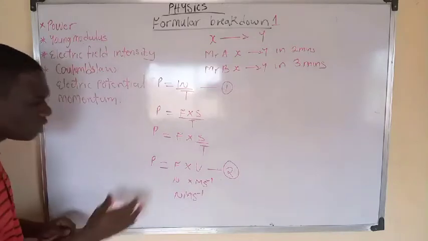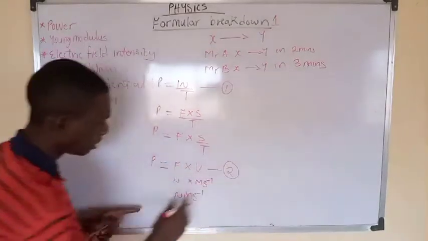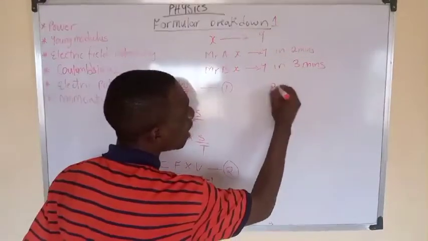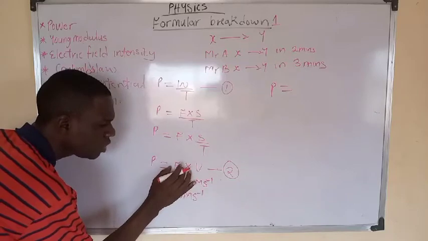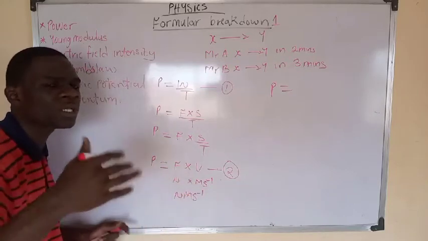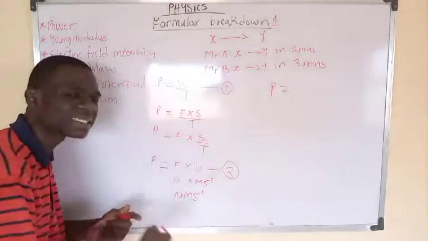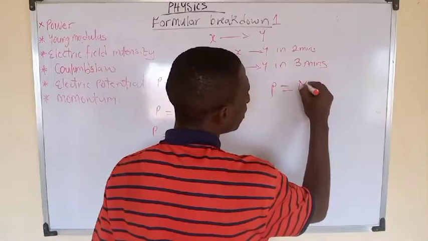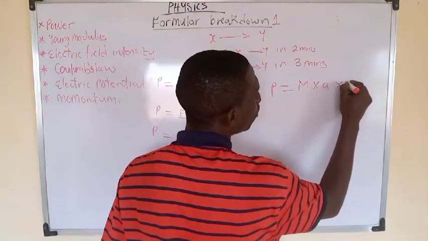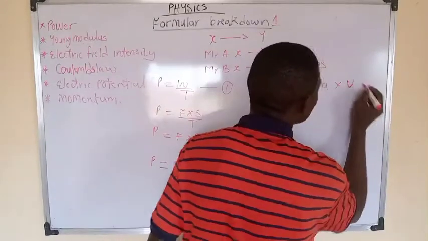Now, if we want to break this formula down further, our power, which is equal to force times velocity, can be seen differently. What's another formula for calculating force? Force is calculated as mass times acceleration. So our power can be equal to mass times acceleration times velocity.